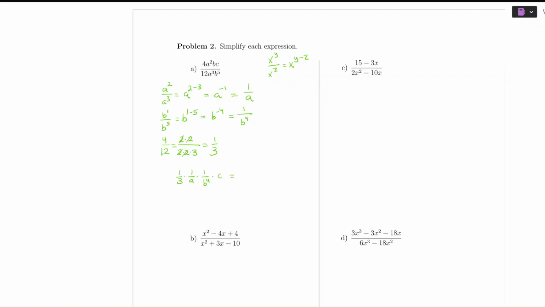Okay, so then I'm gonna have my c in the numerator, and in the denominator, combining those terms gives me 3ab to the 4th. Okay, so you can always just go term by term like this, since all these terms are being multiplied in the numerator and multiplied in the denominator. We can figure it out term by term and then just multiply our answers at the end, okay? So this is what we get.